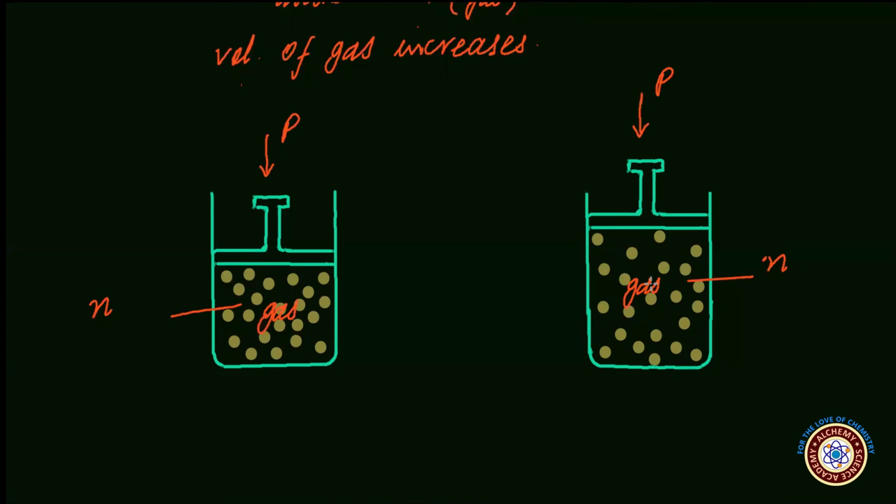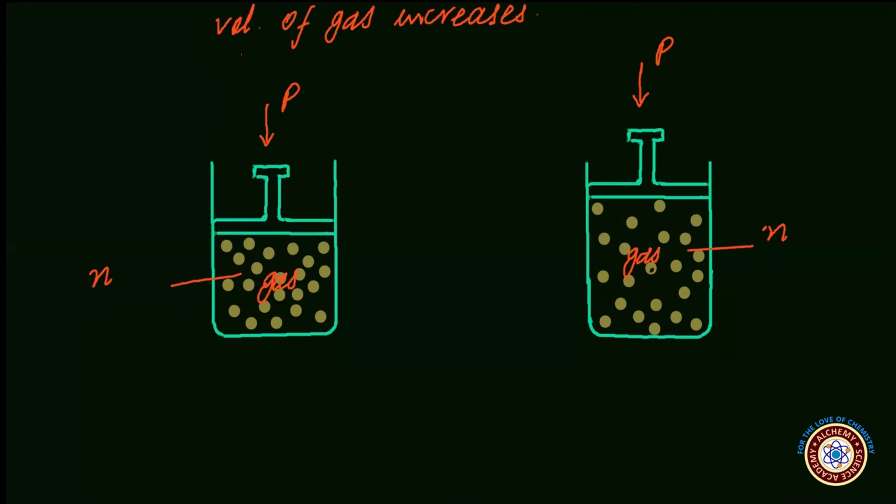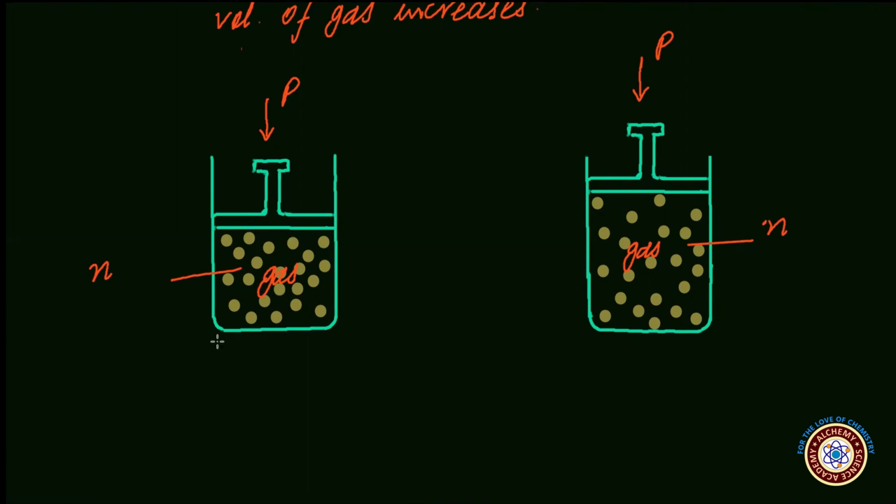Both the number of moles and the pressure are constants for Charles' law. Now let this be the initial state of the system, when the temperature of the gas was T1 and its volume was V1. On heating the gas, the temperature changed from T1 to T2 and the volume expanded from V1 to V2.